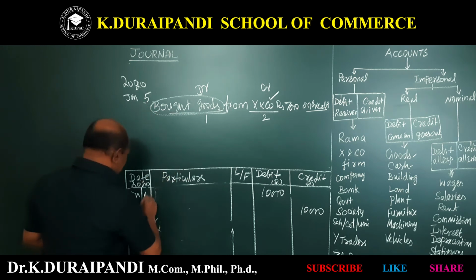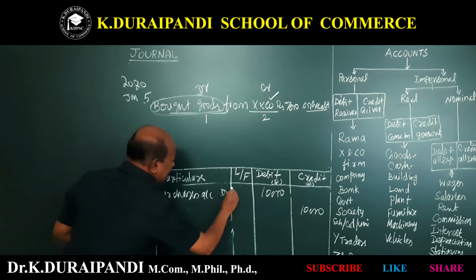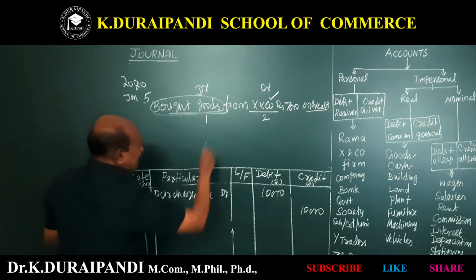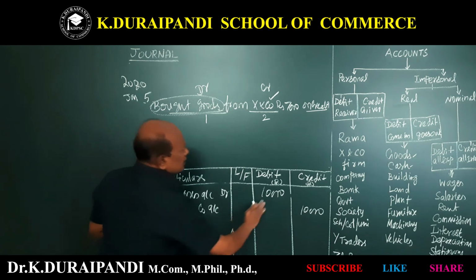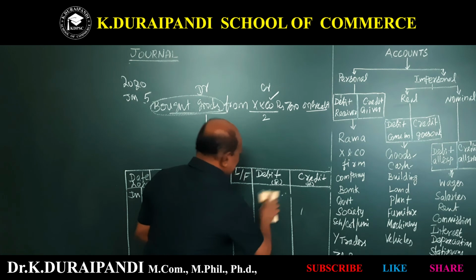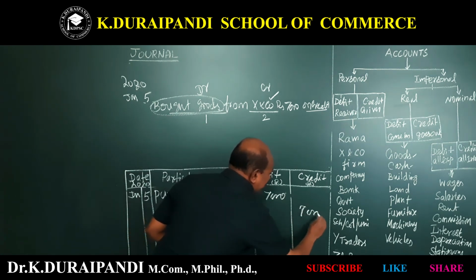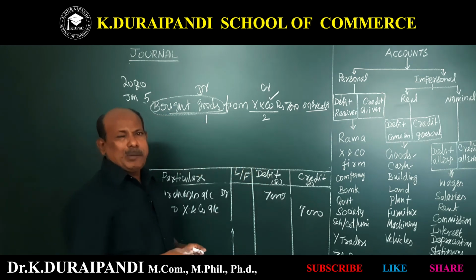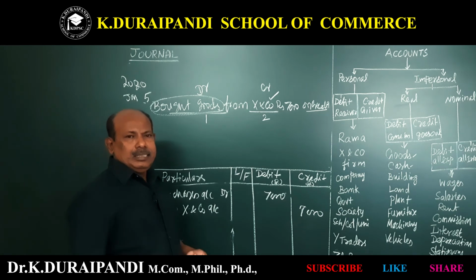You write date 5th. Purchases account debtor to X and Co account. Here 7,000 rupees, here also 7,000 rupees. That is the journal. You write the narration, that is being credit purchases.